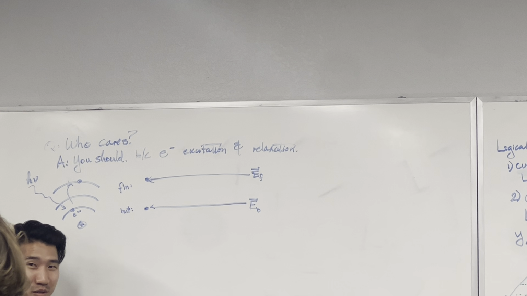Now this is only the excitation portion. When the electron gets here, is the electron happy being at a high energy state? The answer is no. So the electron from here is going to jump down as part of the relaxation. We're going to do the same analysis.